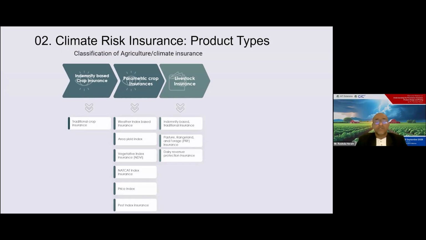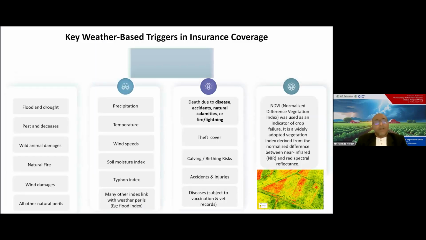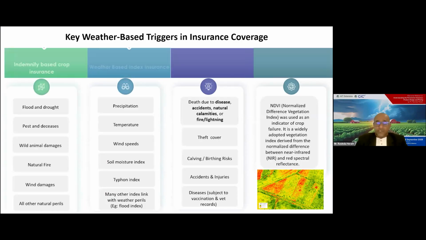There are many parametric insurances, but I highlighted the few most popular. And also livestock insurance, where I highlighted two types, indemnity and parametric, right? We are going to discuss this further one by one in terms of coverage.